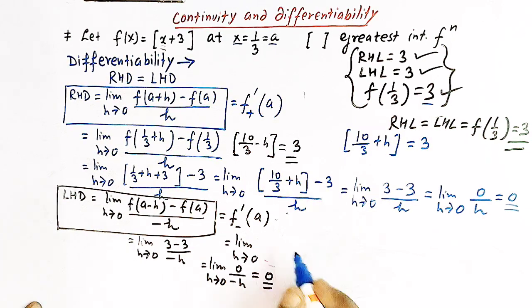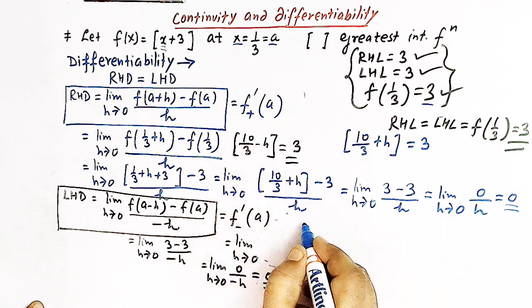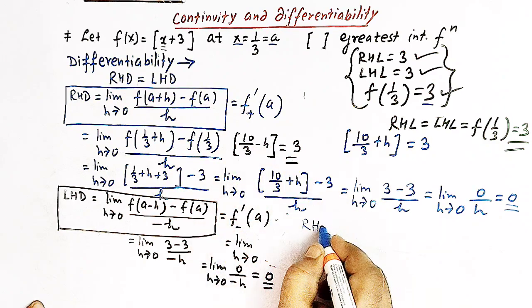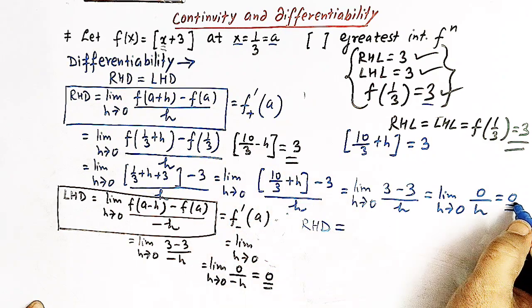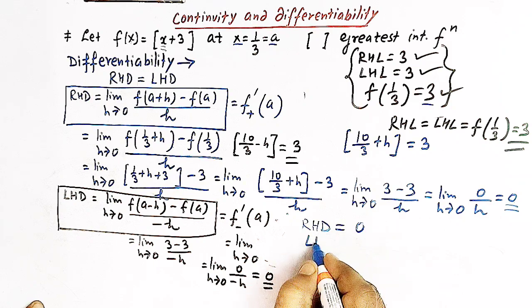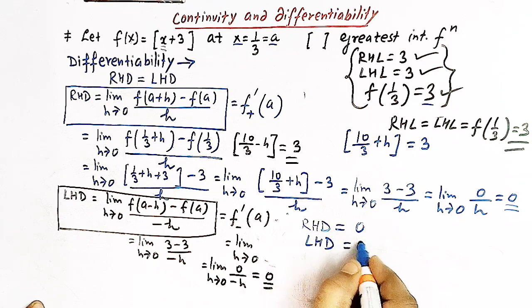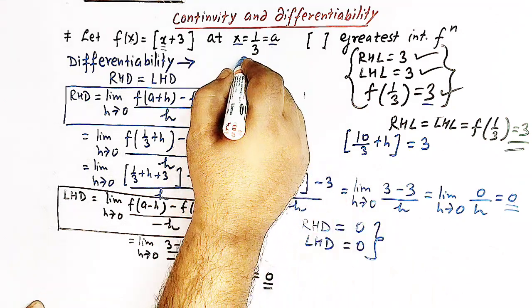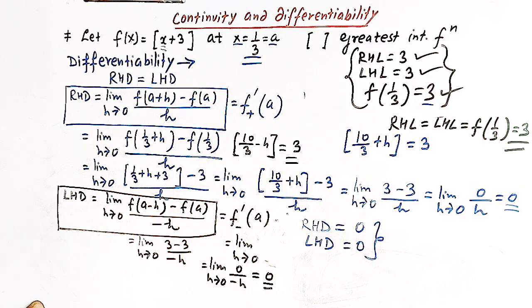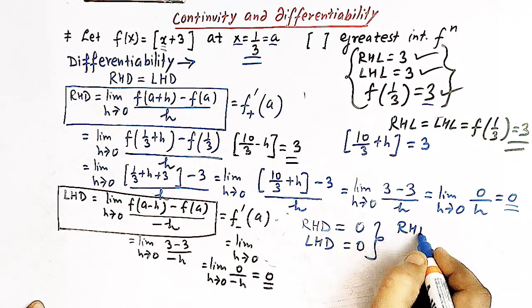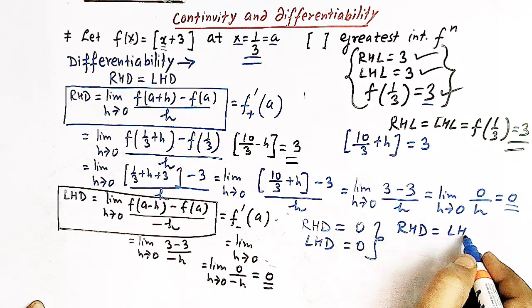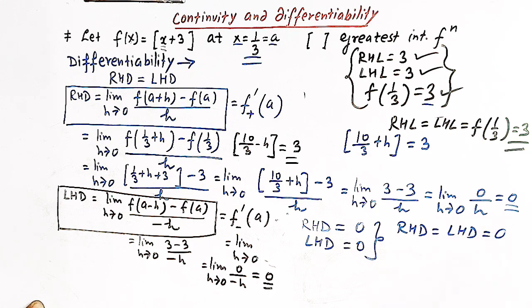So viewers, we have seen that the right hand derivative is equal to 0, and the left hand derivative is also equal to 0 at this point 1 over 3. The right hand derivative is equal to the left hand derivative, which is 0.